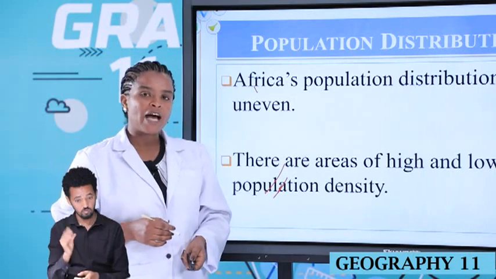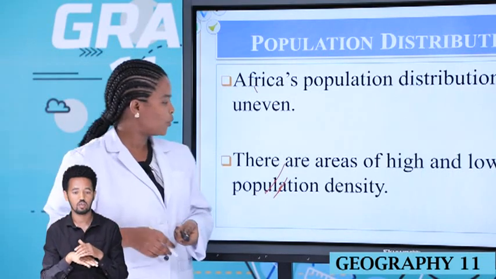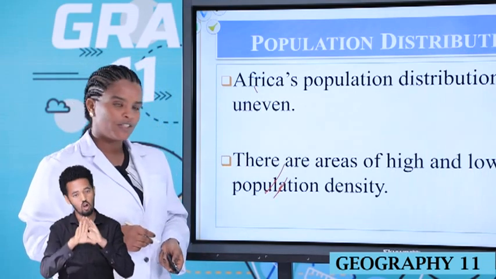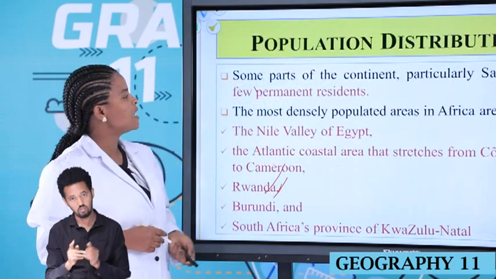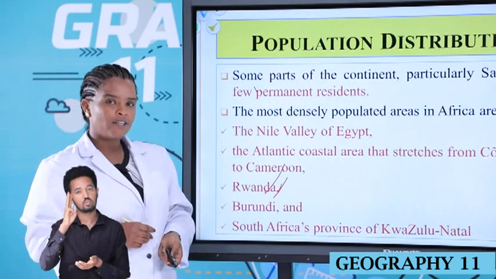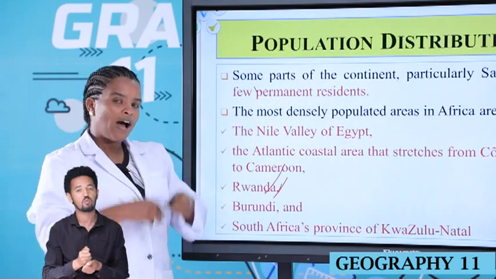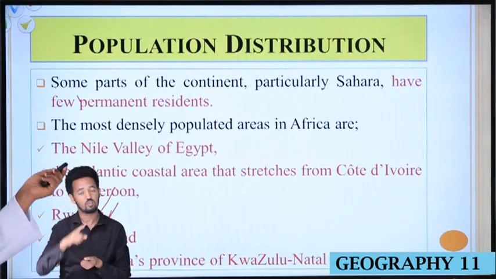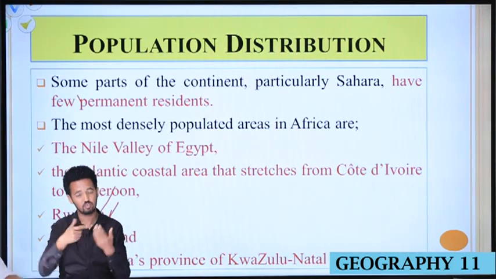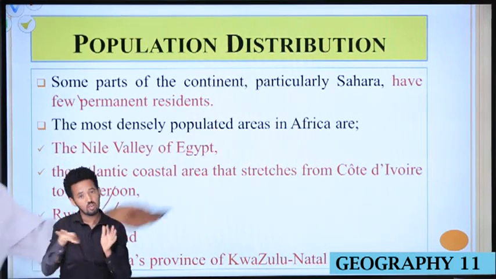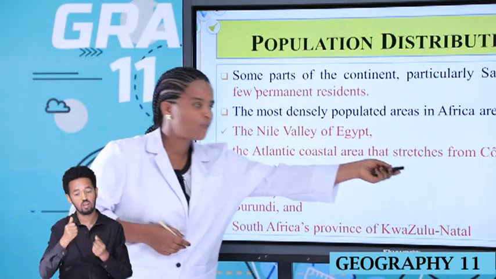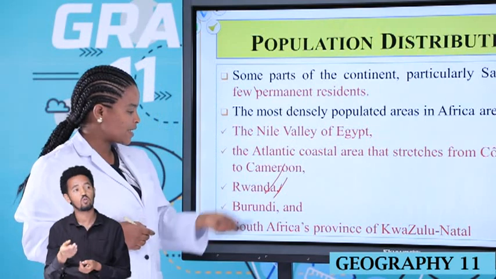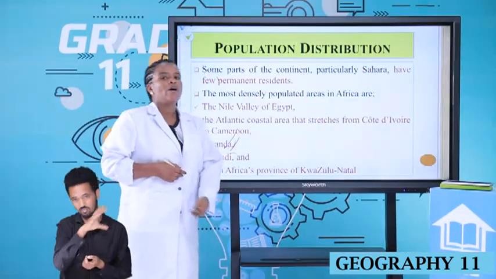African population distribution is uneven like other continents of the world. There are areas of high and low population density in Africa. For example, the Sahara has few permanent residents because it has high temperature and low rainfall. The most densely populated areas in Africa are found in the Nile Valley of Egypt, the Atlantic coastal areas that stretch from Cote d'Ivoire to Cameroon, Rwanda, Burundi, and the Southern Africa province of KwaZulu-Natal.